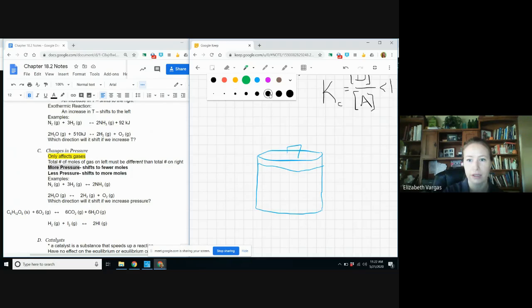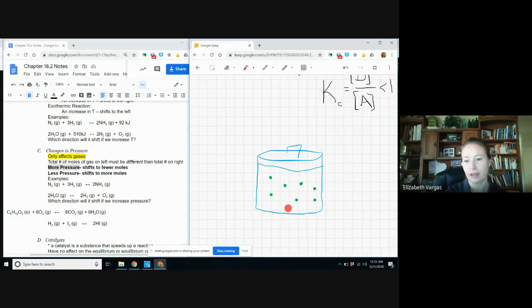And let's make them big. I wish these could be nicer. Close enough. Okay. So there is my system, and let's say this is our A, and this is our B.